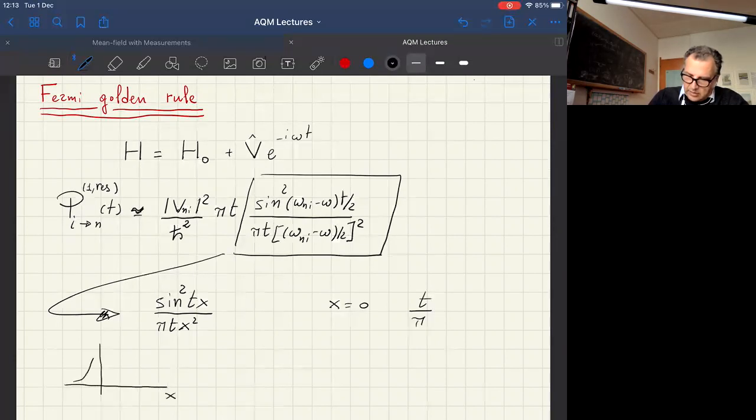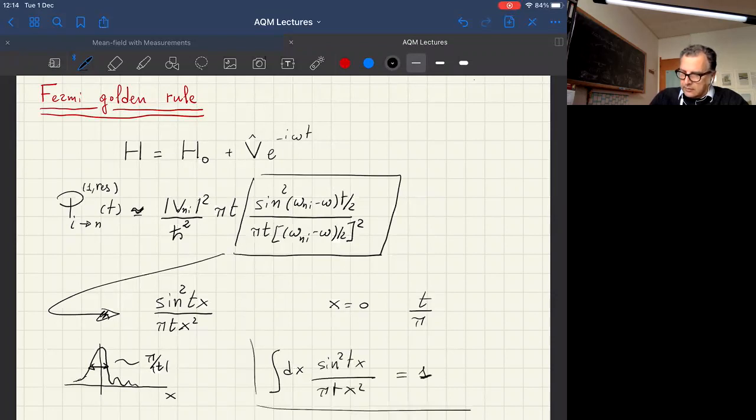But the width of the main peak goes like π over t. And moreover, the integral over dx of this function, sine squared of tx over π t x squared, is always equal to 1, between minus infinity and plus infinity.